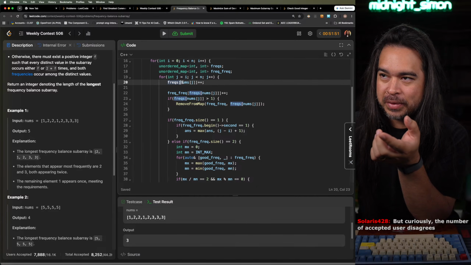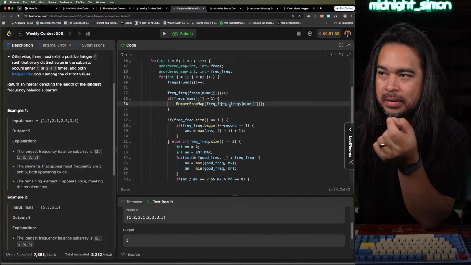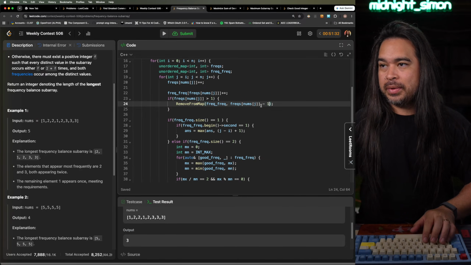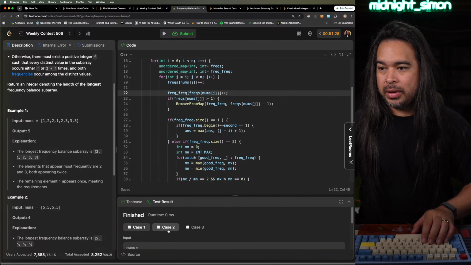So it goes from 0 to 1 here in the first iteration. And then we increment 1. Oh, right here. -1. Alright. I'm ready to send this, man.